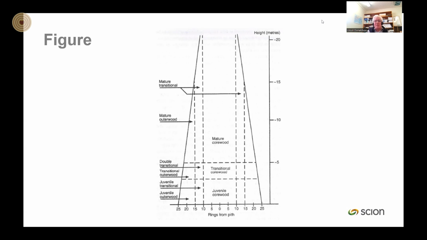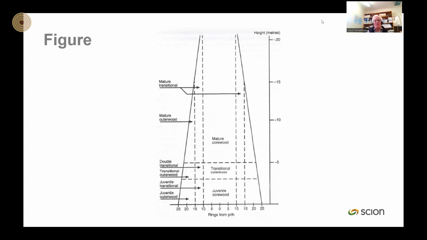You have the fully juvenile core wood at near ground level, which is very pronounced in the first 2.5 meters, about up to 3 meters, and then you have a transitional zone towards 5 meters, and above 5 meters, the wood properties are essentially mature.